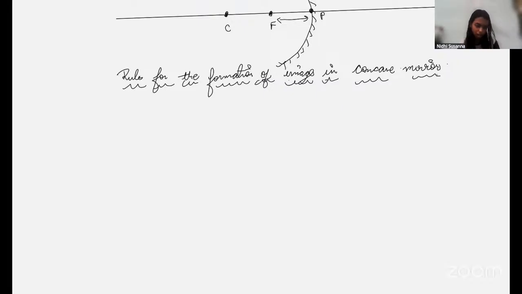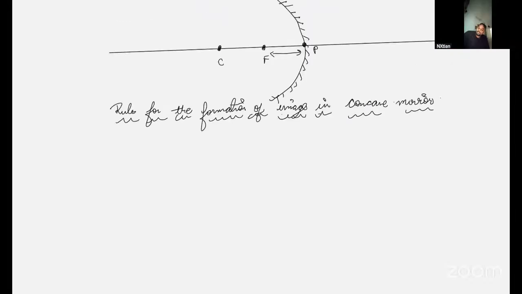So after finding the center of curvature, what should we do? When you got the center of curvature, which is the point where you put the needle, draw a straight line like this.